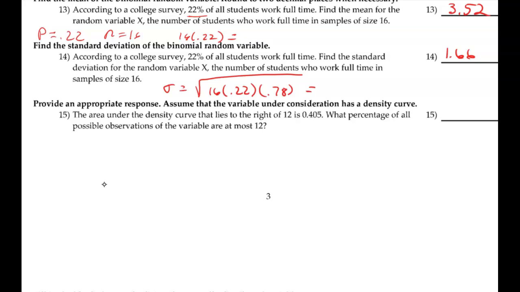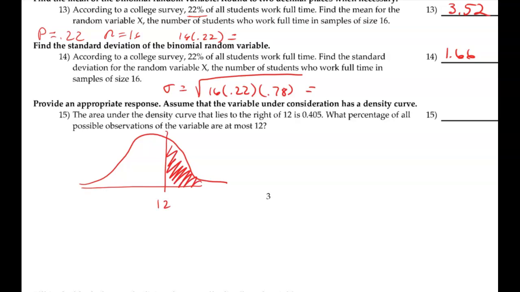The area under the density curve that lies to the right of 12 is 0.405. What percent of all possible observations are at most 12? So again, start drawing it out. Okay, so that means 12 is over here somewhere.